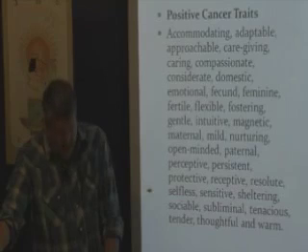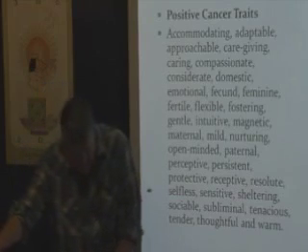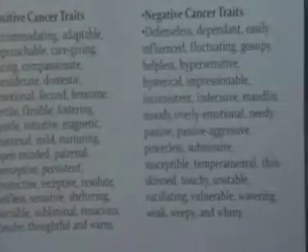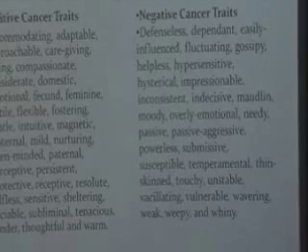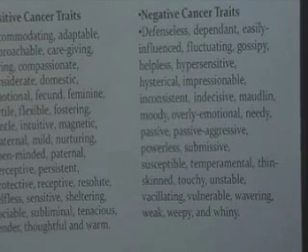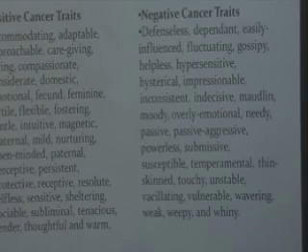Oh, it's down here on the. Let's look at the negative traits. Defenseless, dependent, easily influenced, fluctuating, gossipy, helpless, hypersensitive, hysterical, impressionable, inconsistent, indecisive, maudlin, moody, overly emotional, needy, passive, passive-aggressive, powerless, submissive, susceptible, temperamental, thin-skinned, touchy, unstable, vacillating, vulnerable, wavering, weak, weepy, and whiny.